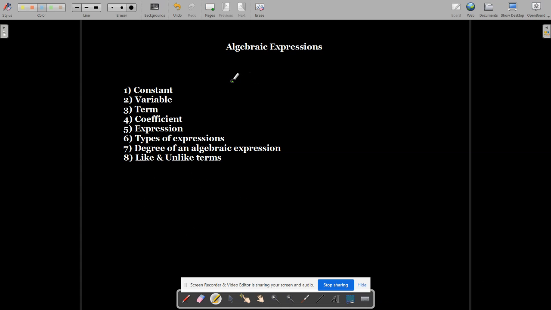You have four basic operations: addition, subtraction, multiplication and division. For example, 3x plus 4y minus 6.